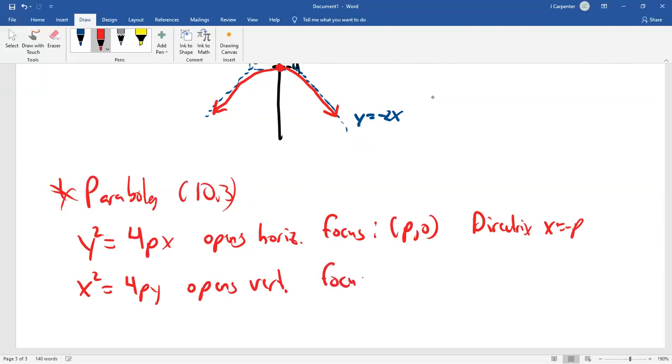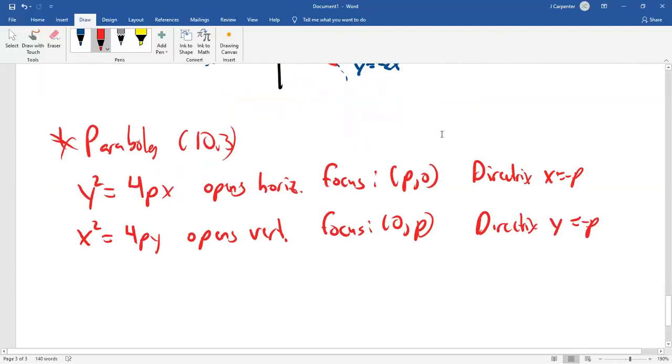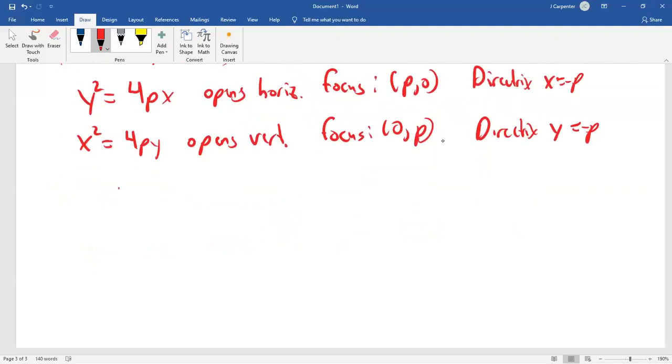Then the singular focus is 0 comma p, and the directrix is y equals negative p. So those two cases, if it opens horizontally, remember parabolas, you just get one of them. It's not like the hyperbola where there's two, you just get one. So this is an open horizontally. Here is our p, that's our focal point.